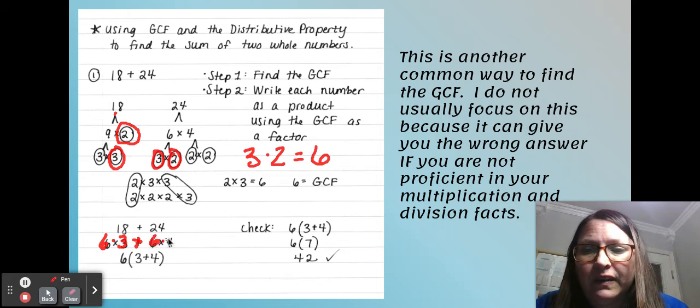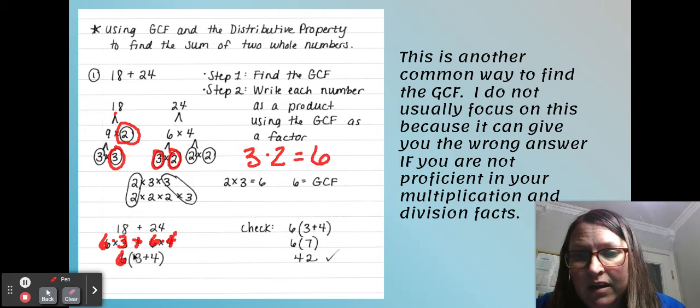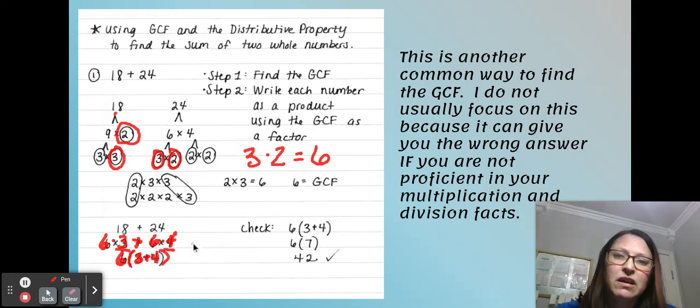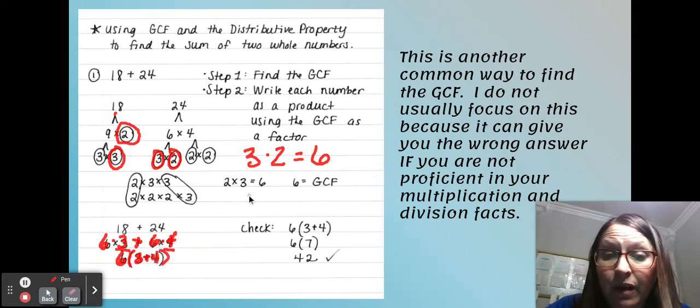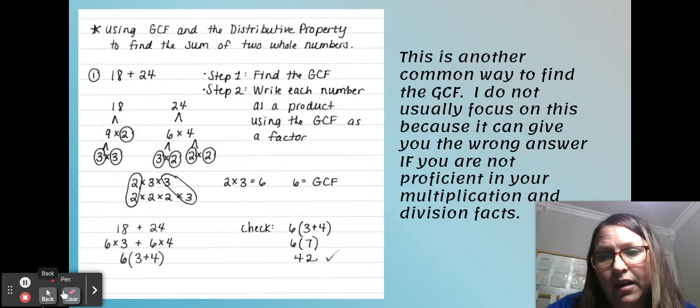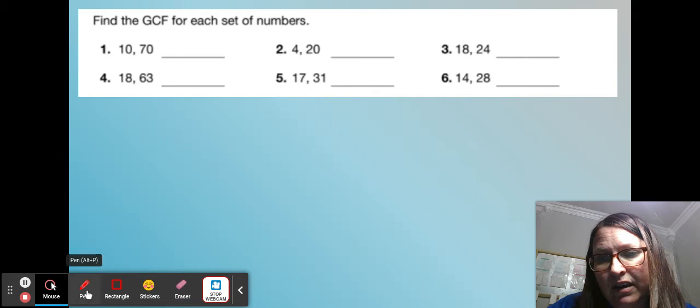And that would be 4, so 6 times 4. So now I'm going to take my 6 out here, and I'm going to put inside my parentheses 3 plus 4. It's kind of a tricky little way to do it, but yeah.